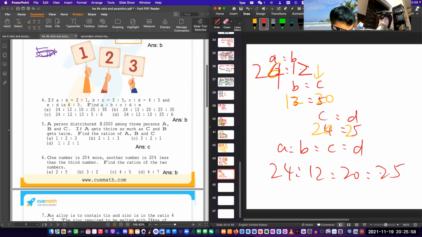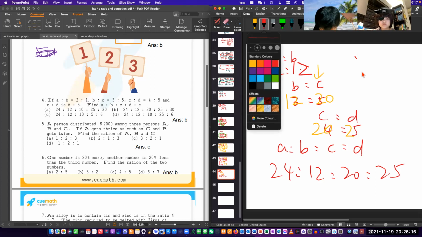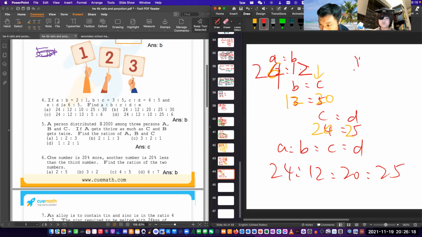So now they have E to D. D is 5. E is 6. So now D is 25 already. You times 5. So this is 30. So that means E is 30.